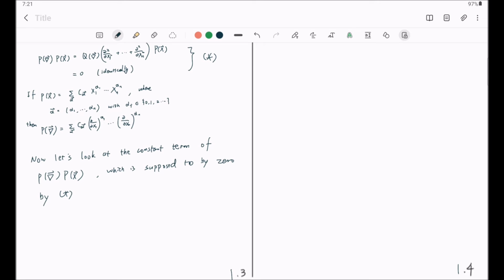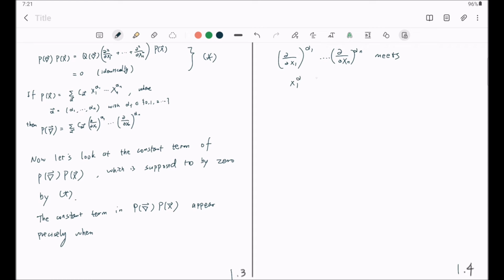The key observation is that the constant term in P of nabla applied to P of x appears precisely when d by dx1 raised to the power alpha 1, product all the way to d by dxn to the alpha n, meets x1 to the alpha 1 through xn to the alpha n.